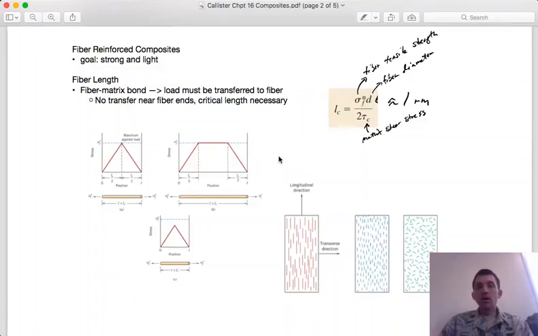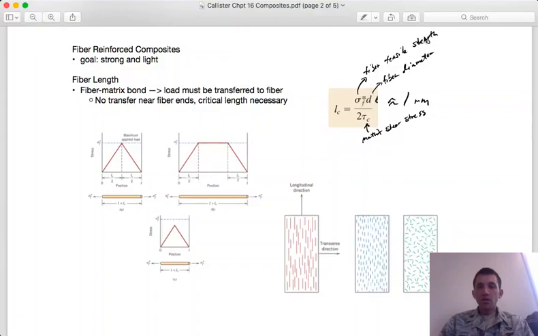And so it is beneficial to have as long a fiber as possible because you have a higher ratio of maximum applied load to this bond development region near the ends of the fibers. The magnitude of this critical length is dependent on the properties of the fiber and the matrix.